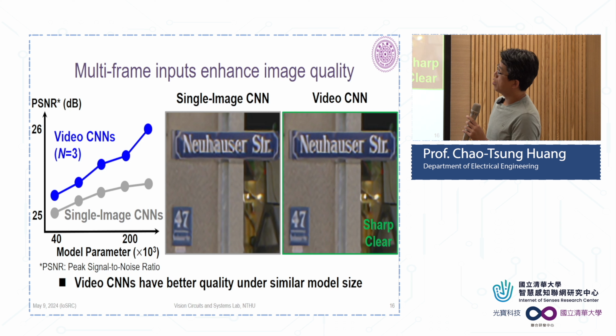And this slide shows that if we use multi-frame inputs, we can enhance image quality. For example, we can use the same model parameter size and have higher PSNR numbers. And from this subjective view, we can also find that using video CNN, we can have sharper and clearer images.